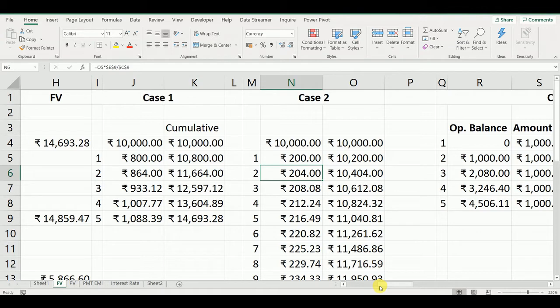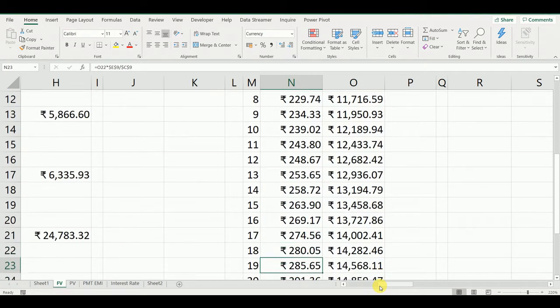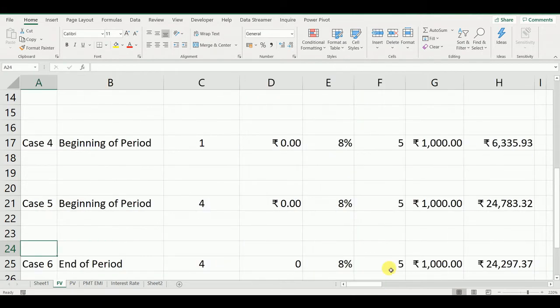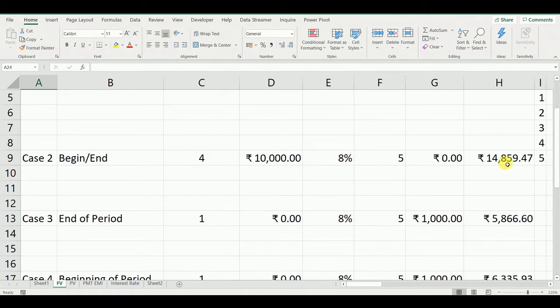So our principal will become 10,404. So similarly, if we go up to 20 quarters, our principal will become 14,859, which is equal to our figure which we have got through FV formula.